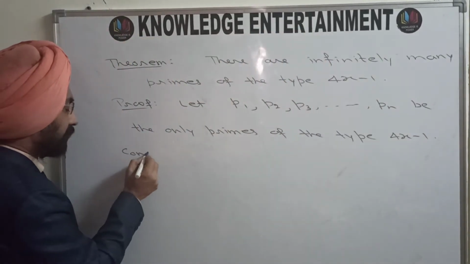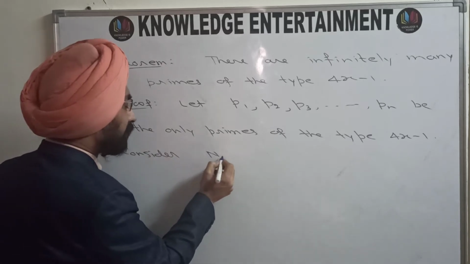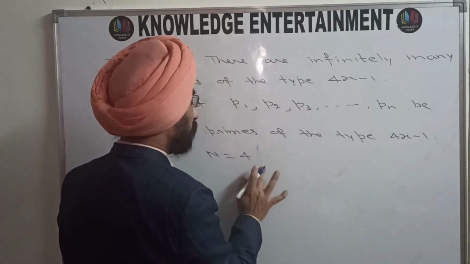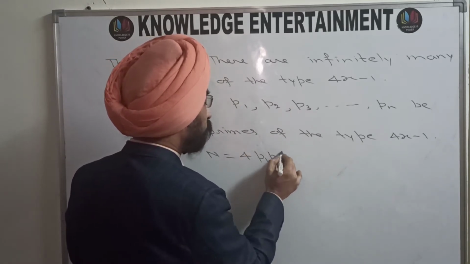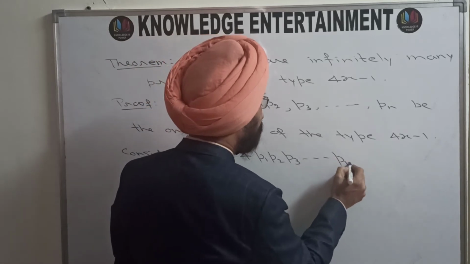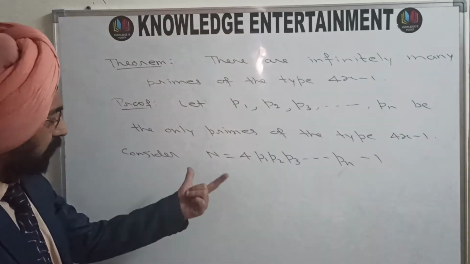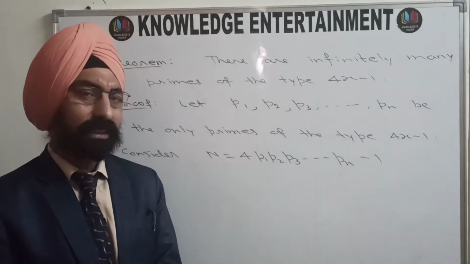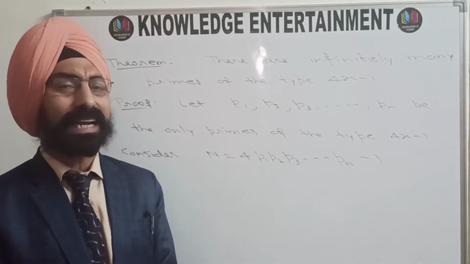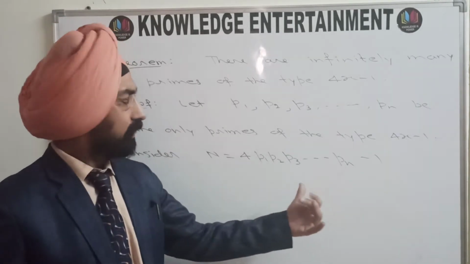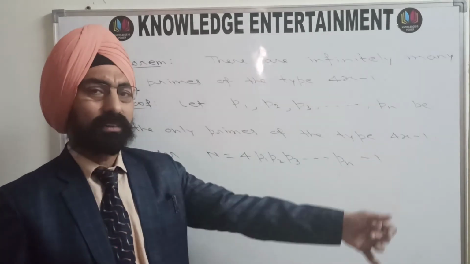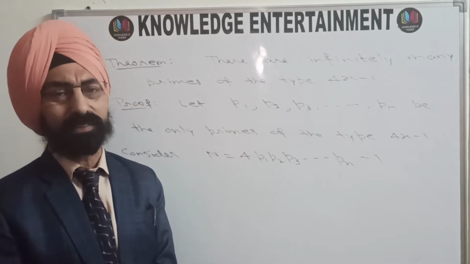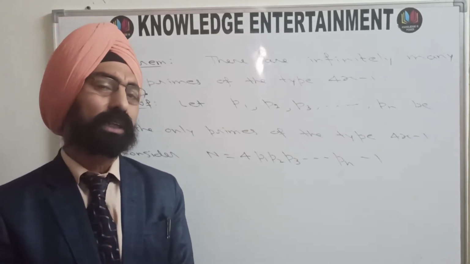Consider N equal to 4 times the product P1 P2 P3 ... Pn, minus 1. Then this number N is also of the type 4x minus 1. We will show that it has a prime divisor of the type 4x minus 1 which is not one among these, so there will be a contradiction, because we supposed that these are the only primes of the type 4x minus 1, and it will prove that there are infinitely many primes of this type.